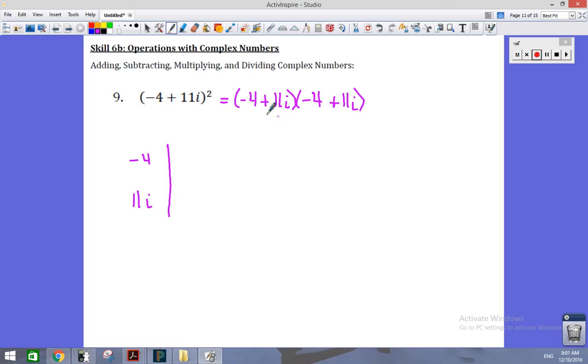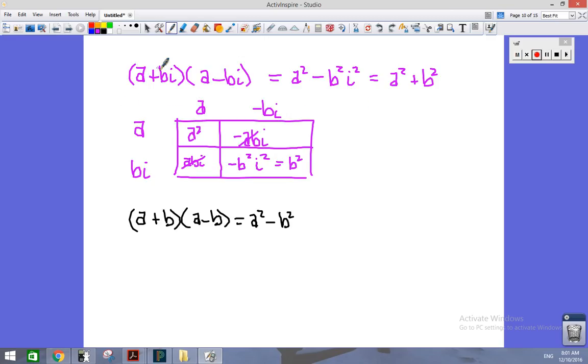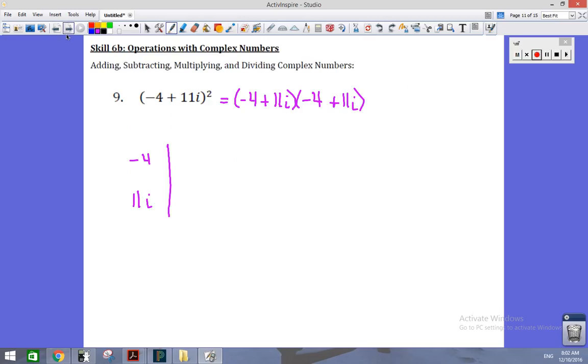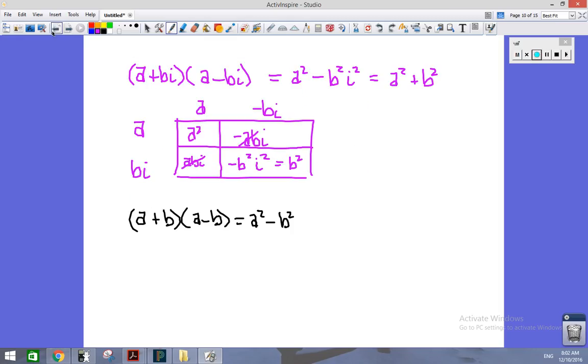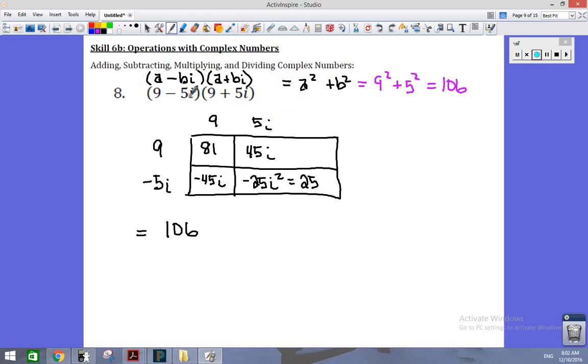Now this is not a plus bi times a minus bi. Oh, did I mention that these are referred to as conjugates of each other? These are complex conjugates. I believe that one of the homework assignments uses the proper vocabulary and says multiplied by the complex conjugate. So the complex conjugate of 9 minus 5i is 9 plus 5i.